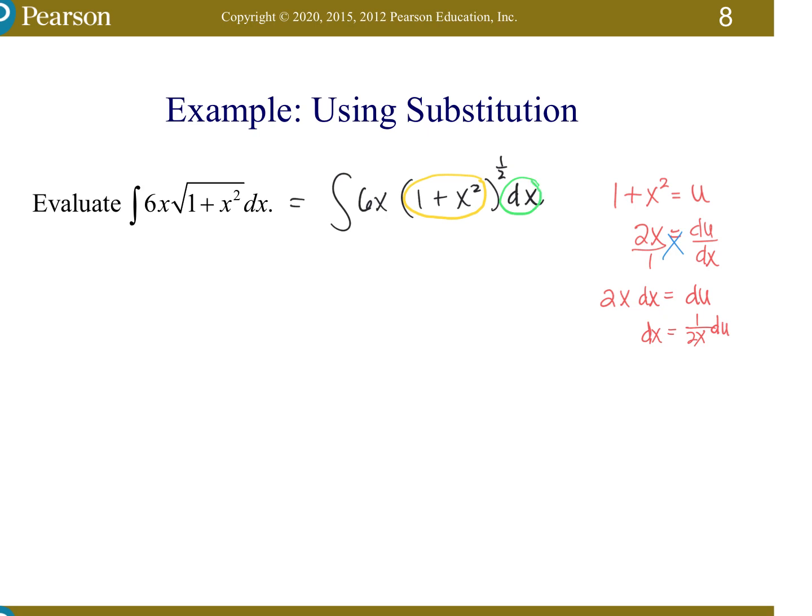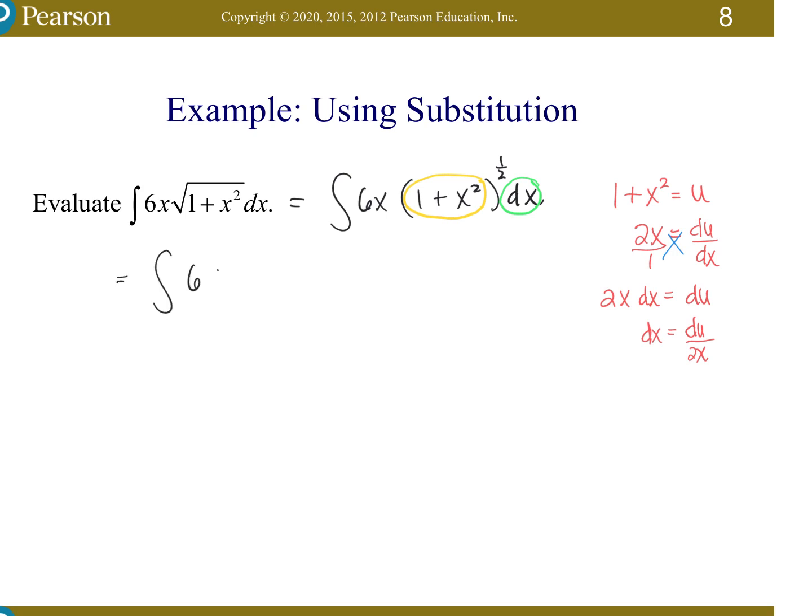Don't worry about the 6x sitting there. I'll take care of that in just a minute. Yeah? You'd rather have 1 over 2x than du over 2x? You know, it does not matter, no. Let's do du over 2x just to see how it looks. Du over 2x is going to work just fine as well. Let's try that.